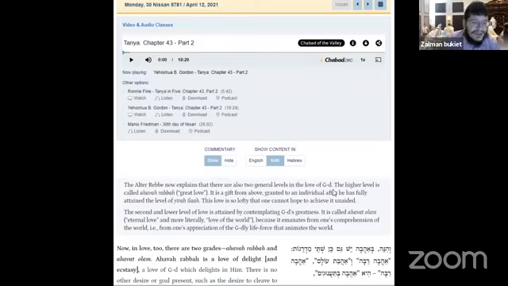So the two levels of ahava, unlike yira where it's simple, yira tata and yira ilah, a lower level of fear and a higher level of fear, over here the words are ahava rabba and ahava olam. Ahava rabba is a great love, and ahava olam is a love of the world, possibly. And we're going to talk about these two levels.